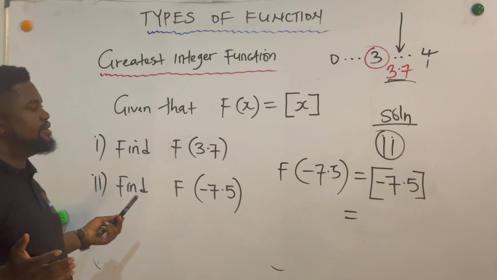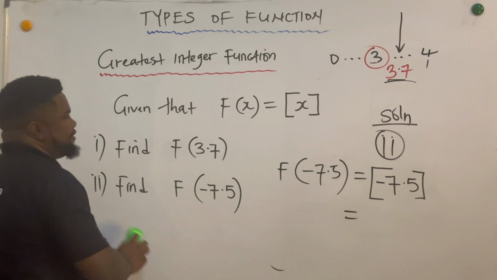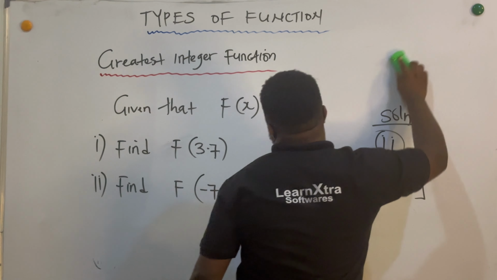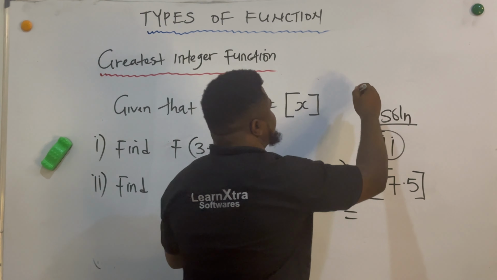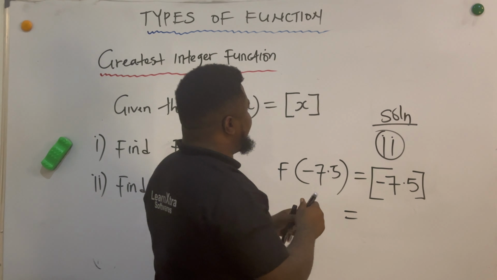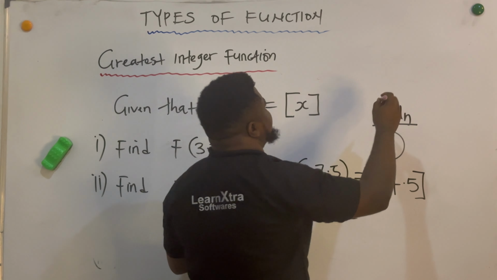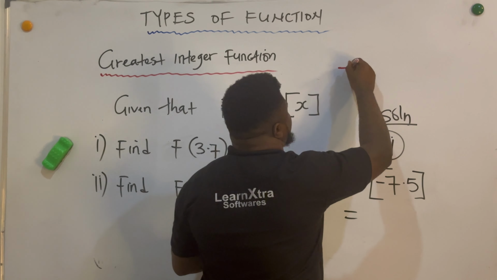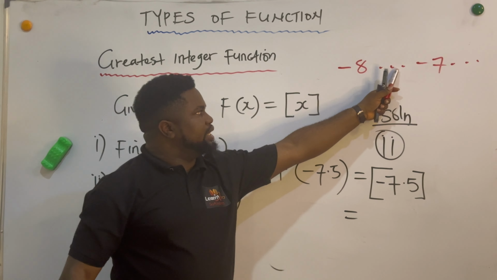We say that minus 7.5 is in between two integers, minus 8 and minus 7. The number line looks like this. Negative numbers go this way. So this number is somewhere around here.